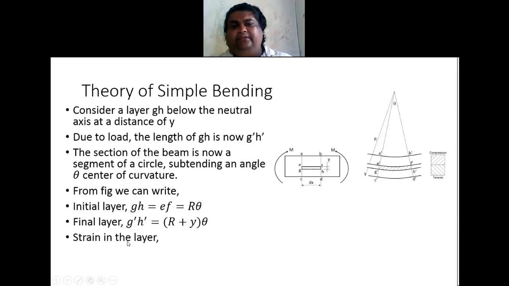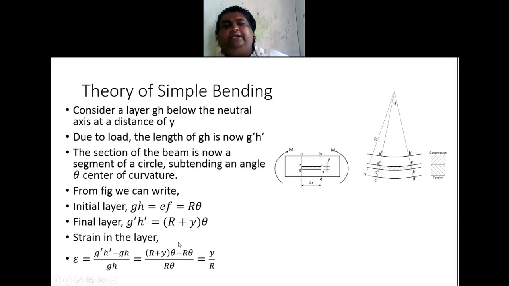Now the strain in this layer, right? Strain is change in length to original length. Now the change in length is the final length G dash H dash minus initial length GH, divided by GH. Now we have just substituted the value. G dash H dash is (r plus y) theta minus GH, which is r theta, divided by GH, which is r theta.